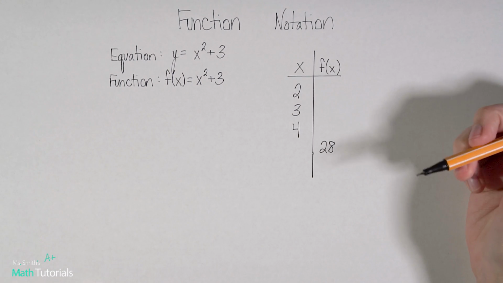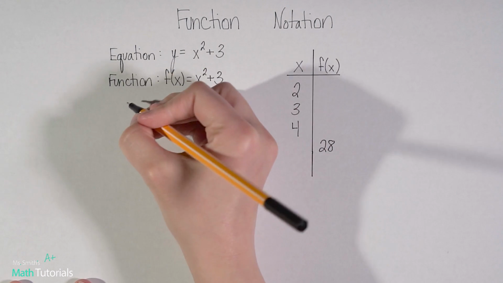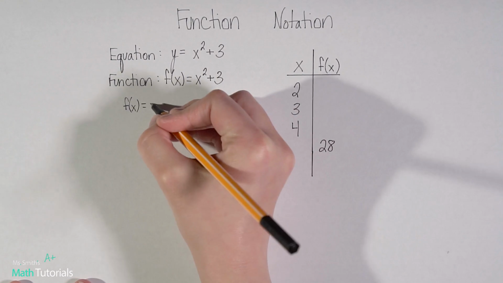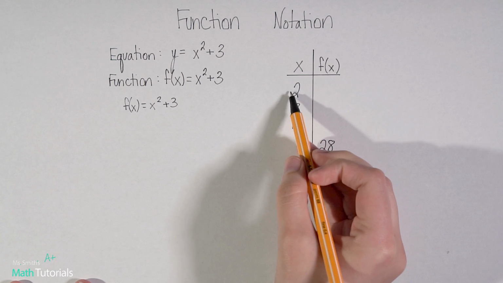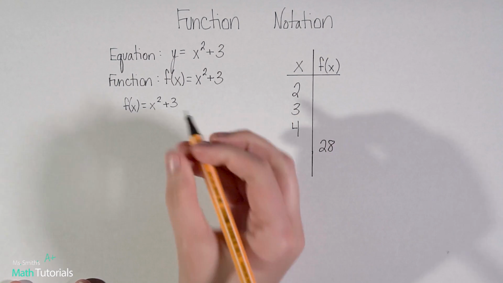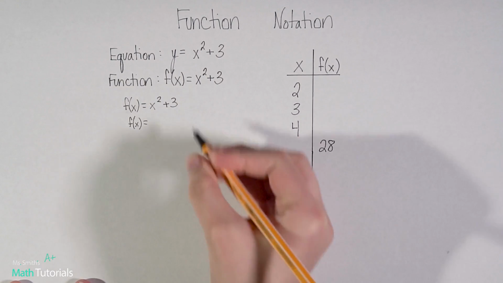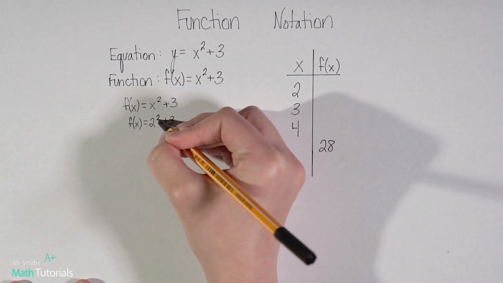The first thing is 2. So if f of x equals x squared plus 3, and x is 2, we want to insert 2 for x. So f of x, which again means y, equals 2 squared plus 3.